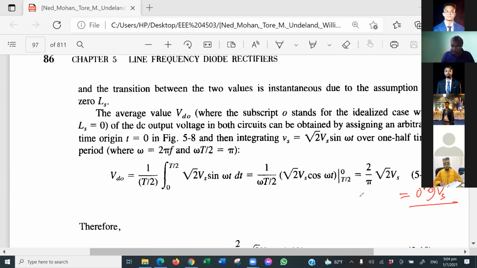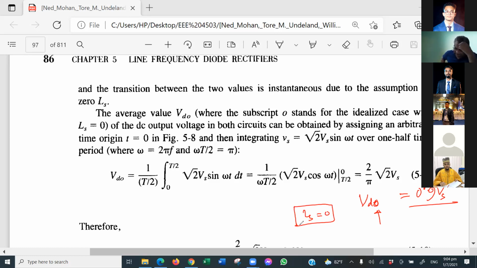So VDO. Why is it written as VDO? D is the output voltage, VD, and O is output or DC. Why are they putting 0 on O? Can anyone tell me why? Zero phase shift, sir. Average, sir.